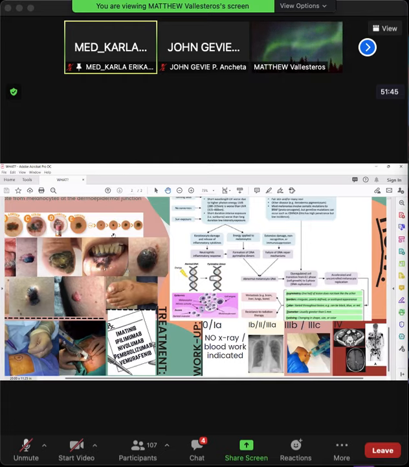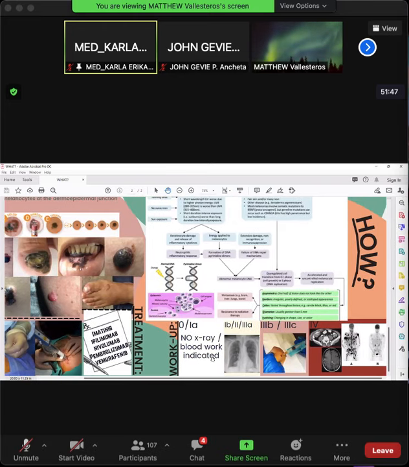For the workup, the melanoma diagnosis is primarily based on the skin biopsy, but additional diagnostic tests are usually required for each stage. For stage 0 and 1A, there is no need for any additional x-rays or blood work because these are usually confined to the epidermal region of the skin.